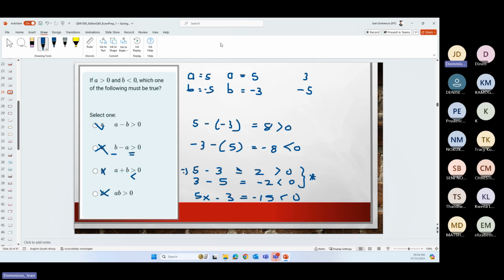Then again, you will see that will be 10, that will be minus 10, that will give you actually 0, which is then also incorrect. And again, that will give you a negative because it's a negative times a positive. Okay, so you can really play with numbers like this to see what the outcome will be.